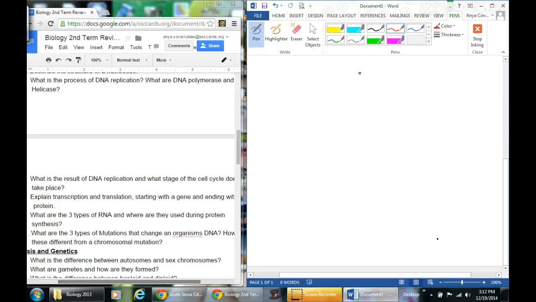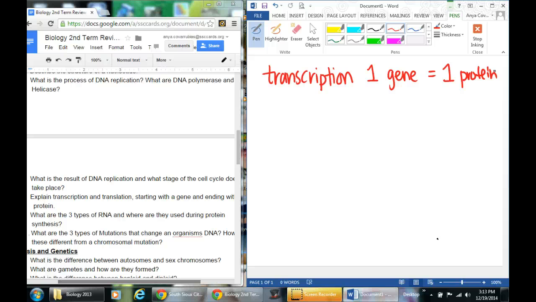It's not condensed into its chromosomes, and transcription is going to be for one gene. Okay, so I think humans have around 20 or 30,000 genes, and transcription is for one gene, because one gene is going to equal one protein. Okay, so one protein is the result of this whole transcription translation process.